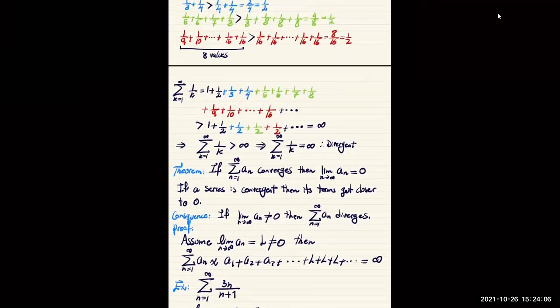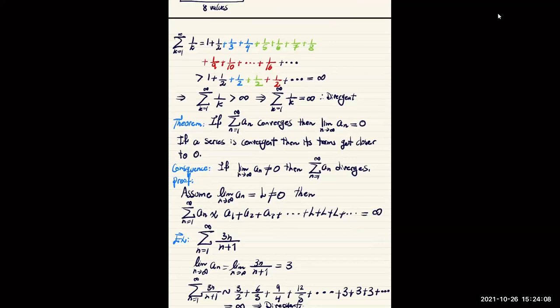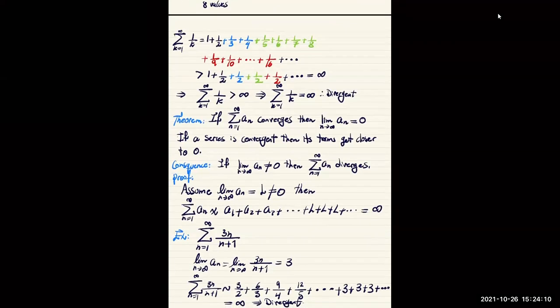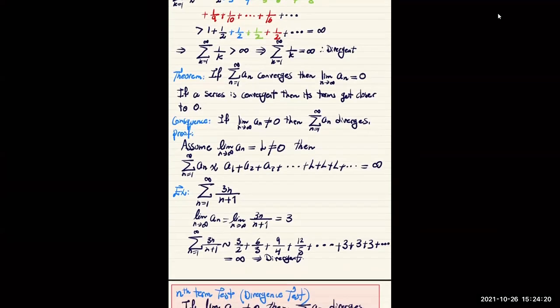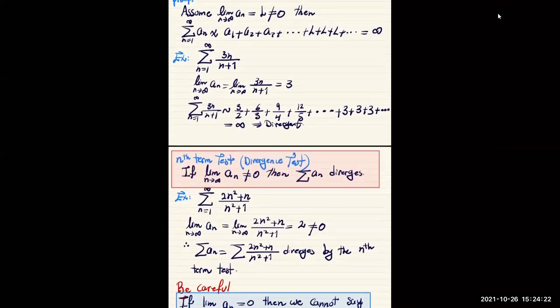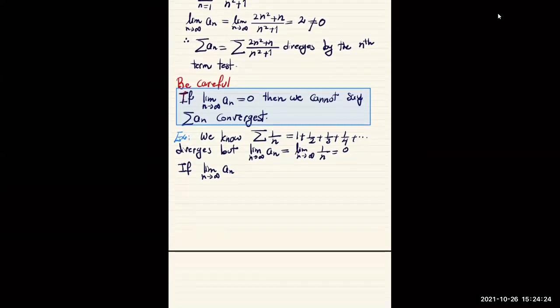We grouped the terms, and each group is more than 1/2, and you're adding infinitely many 1/2s, and that's infinity. So we proved that the harmonic series is divergent.